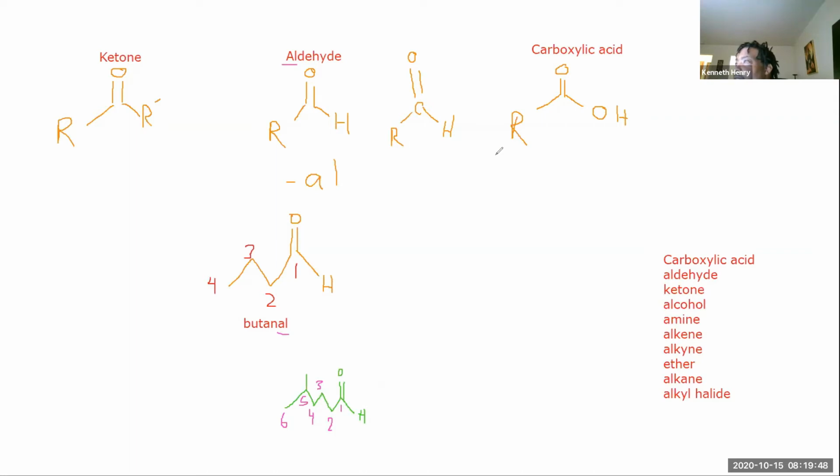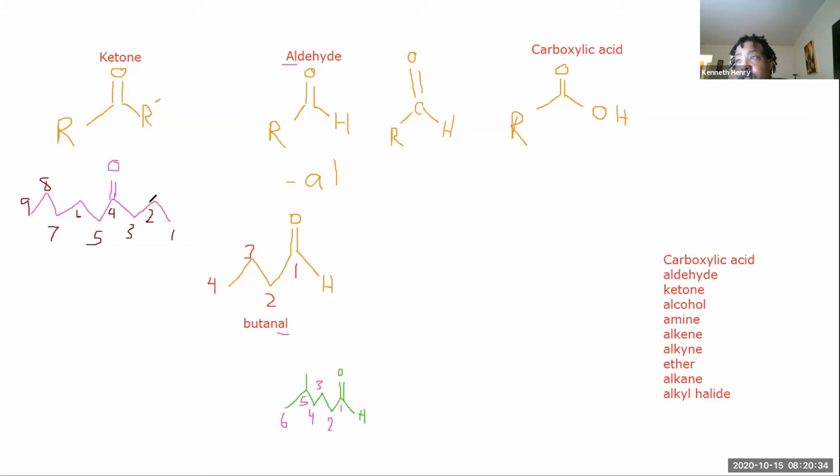Okay, what about ketones? So the way ketones work is you count the longest chain you can get, and then you also want the shortest distance to the double bond.